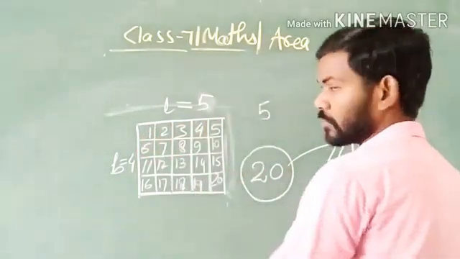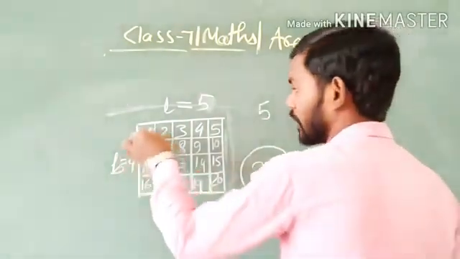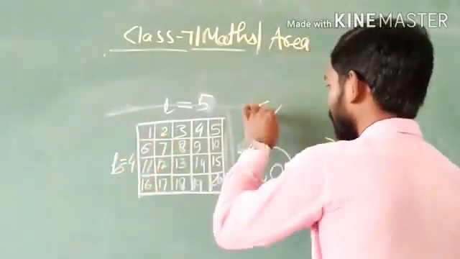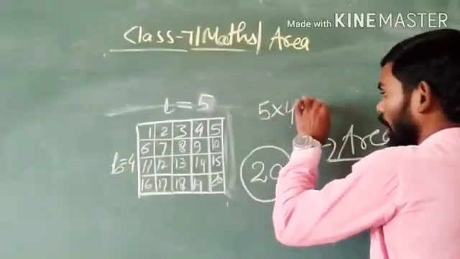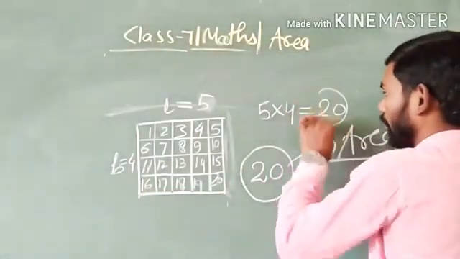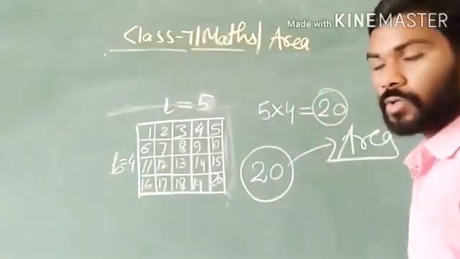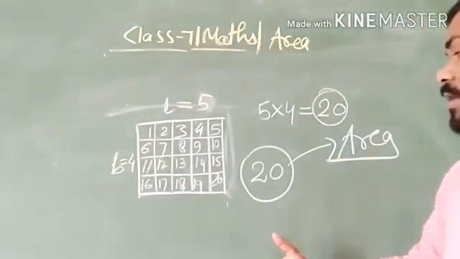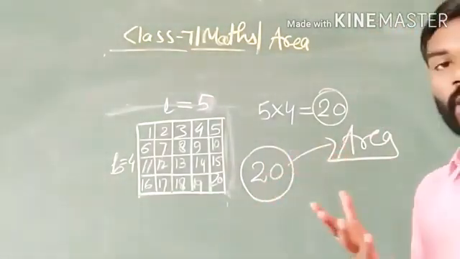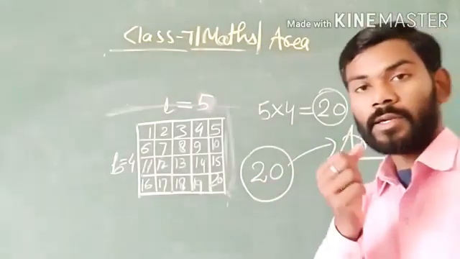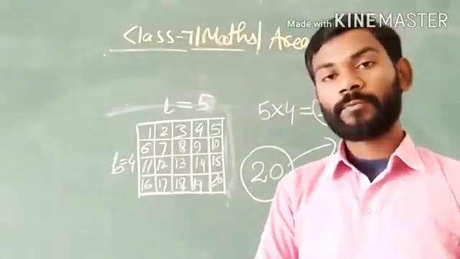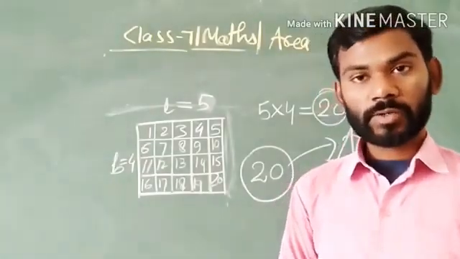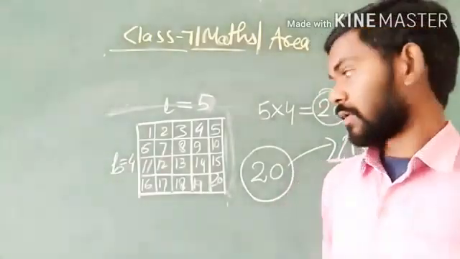And the squares along the width, that is 1, 2, 3, 4, multiplied by 4. And here we get again 20. So it may be said that by just multiplying the length and the width we can also get the same result.